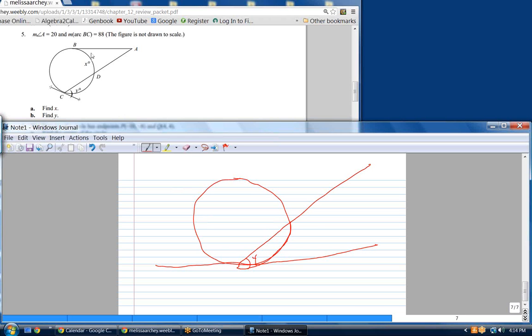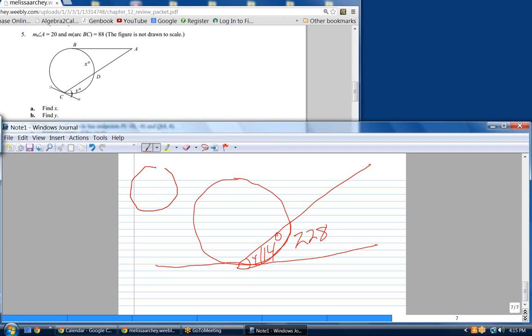It's a similar situation as up here, only it's inside the circle. So I'm saying that if this is 228, which our model says it is, then Y has to be 114. It has to be half of this arc minus the intercepted arc.